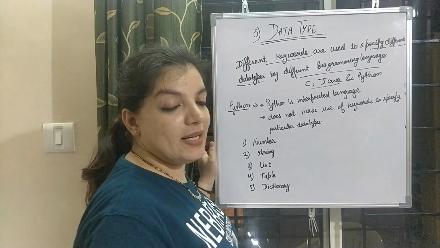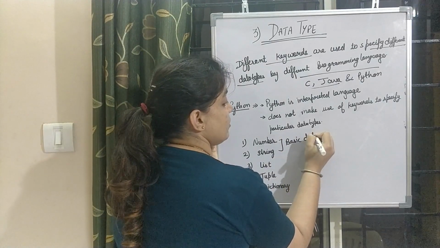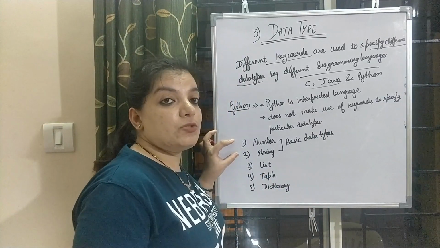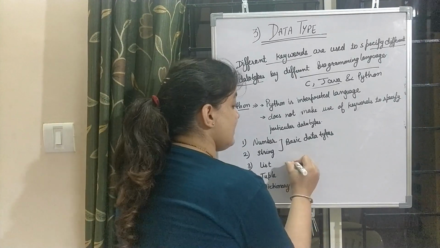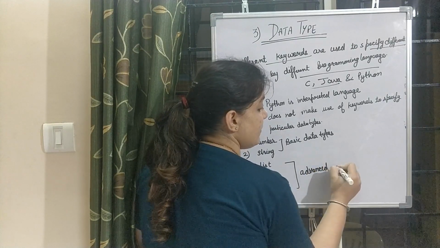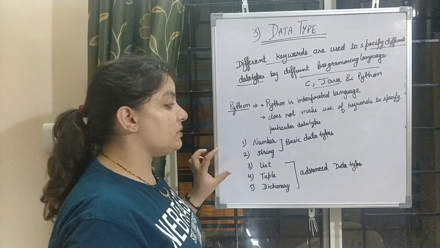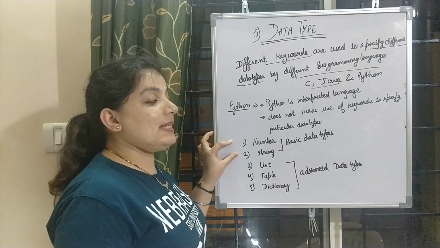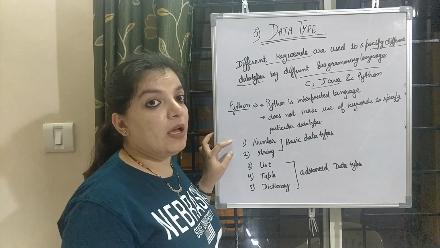From these 5 standard data types, these 2 are the basic data types of the Python programming language, which are used in almost every Python program, while these 3 are advanced data types. These are used when we are using Python with database connectivity. So these are the 2 basic data types used by almost every Python program.